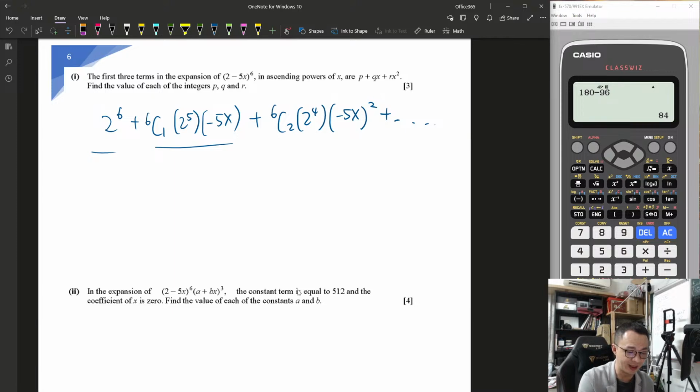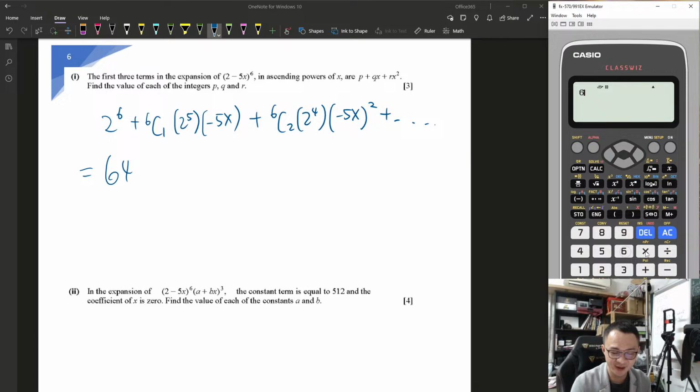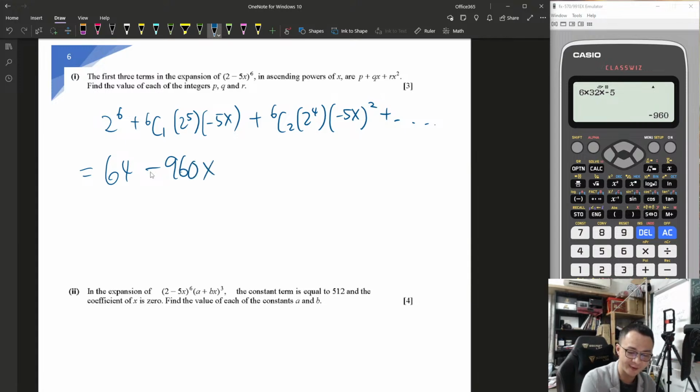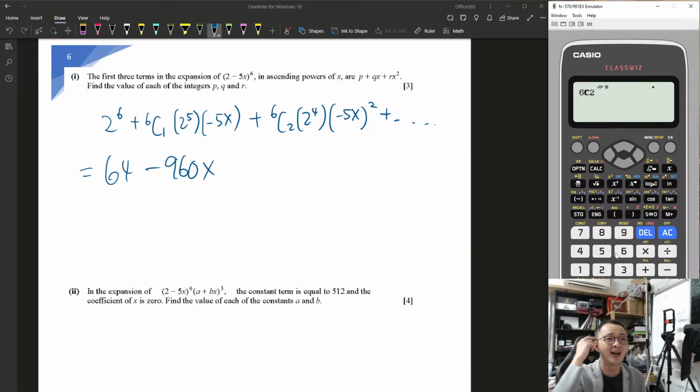Alright, and they ask you to find the value of P, Q, R. Just expand it. 64. This is 6 times 32 times negative 5 minus 960x. This is 6c2. Because some values I already get, like 6c1, I'm not going to type 6c1 because I know 6c1 is 6. And I know 2 power 5 is 32.